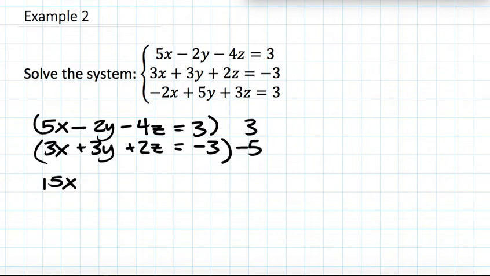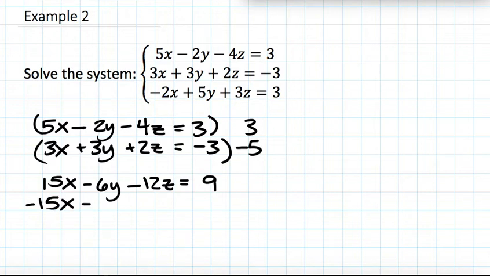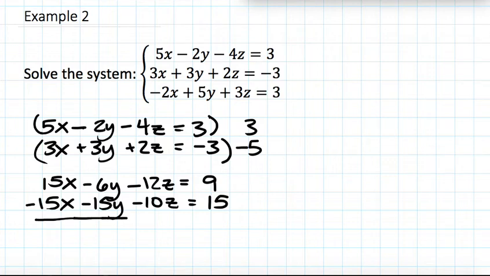Then I'm going to distribute those through, so distributing that 3 and distributing that -5. -3 times -5 is +15. You have to be careful with the arithmetic here, especially with the signs.